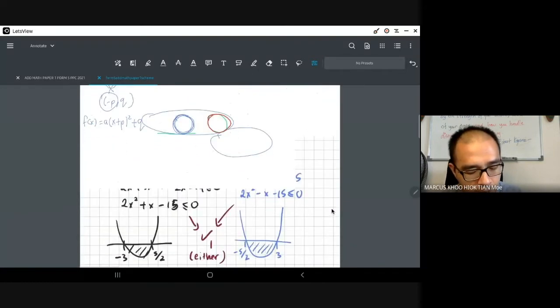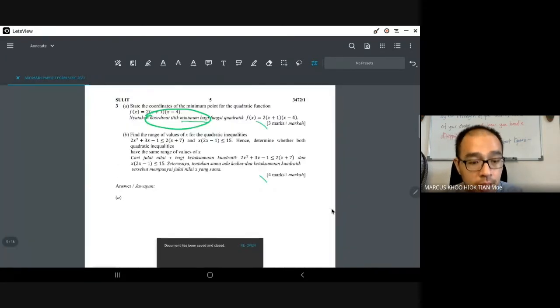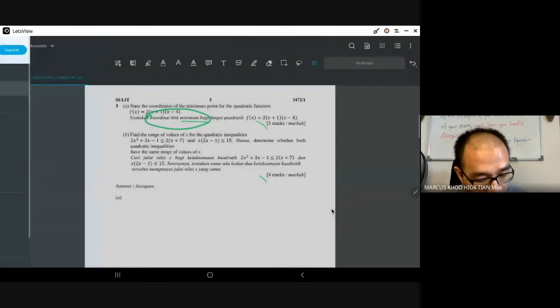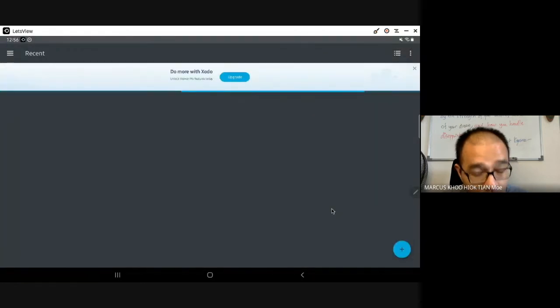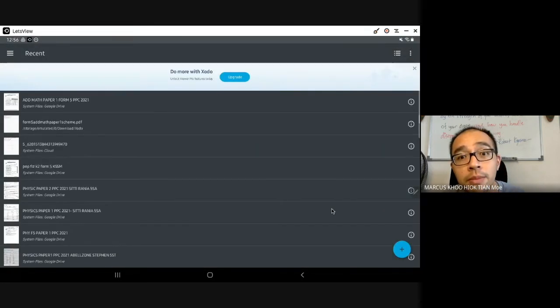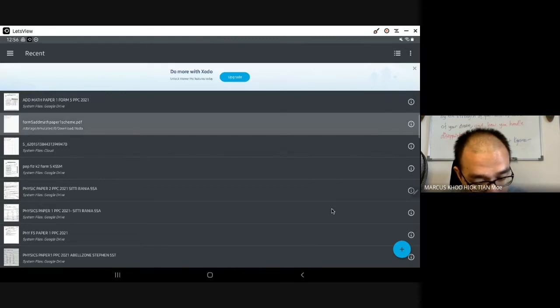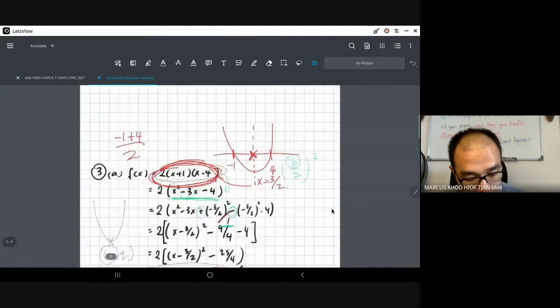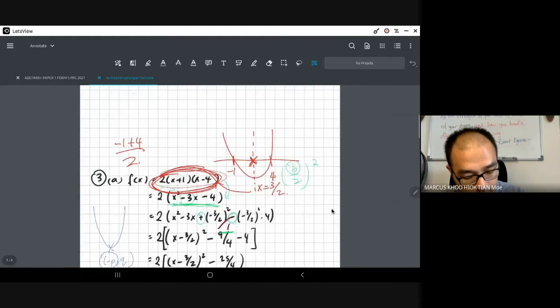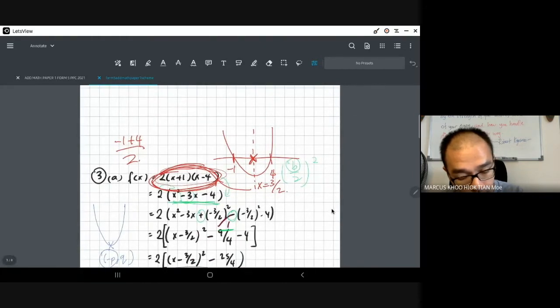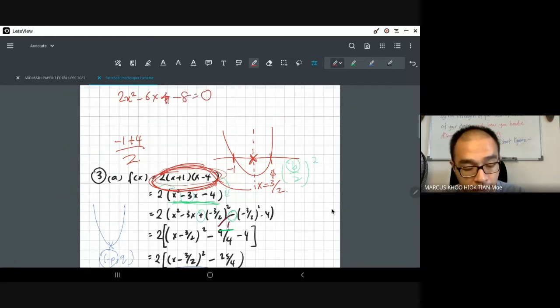If you use b minus 2a, hold on, I have to open this one again. If you use b minus 2a means you're opening up the entire thing, right? Means you get 2, you are using 2x squared minus 6x minus 8 equals f(x), sorry.